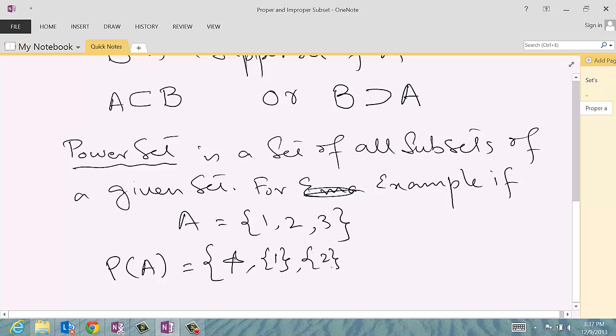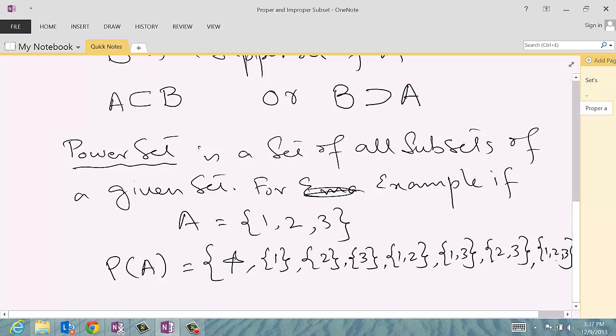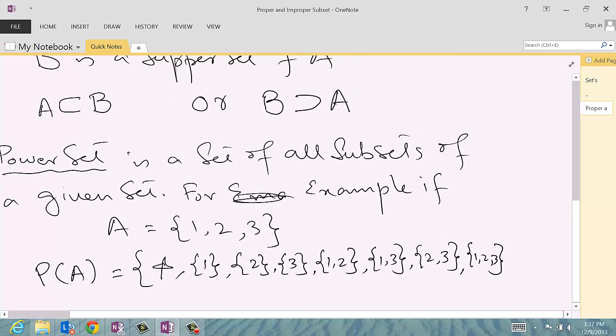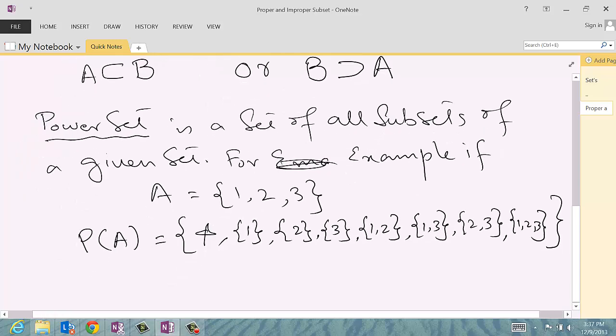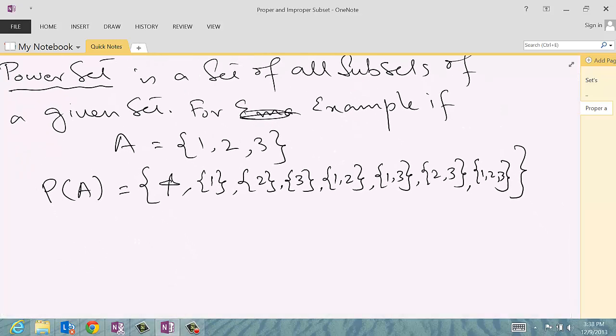So {1}, then {2}, then {3}, then {1, 2}, then {1, 3}, then {2, 3}, and at the end we say {1, 2, 3}, and let's put a bracket there because we want to close the set. So this is called the power set of A.